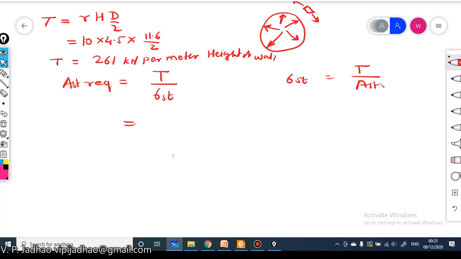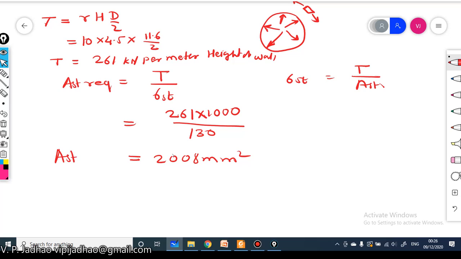T is equal to 261 into 1000, because it is per meter height, divided by sigma ST, which we obtained from IS 3370, that was 130. So AST required is 2008 mm square.